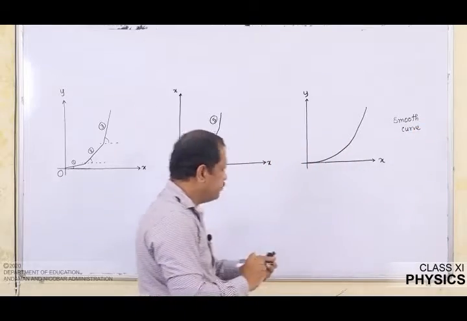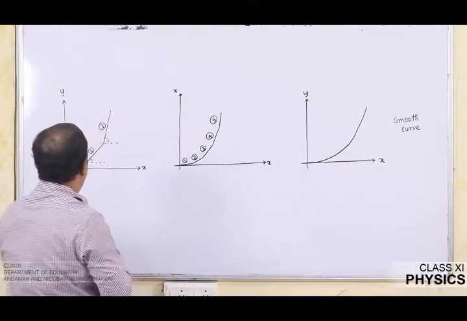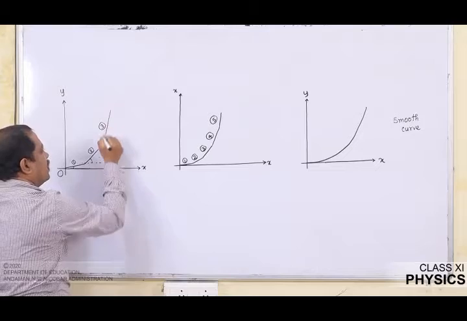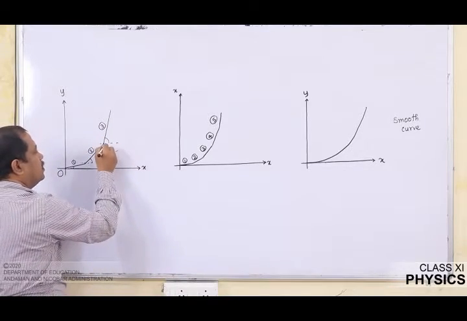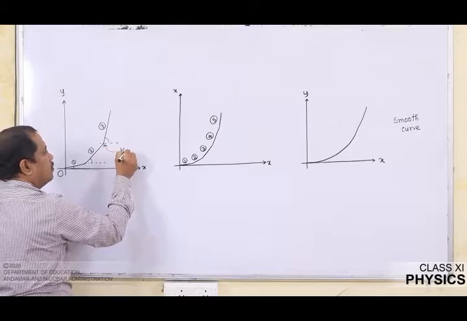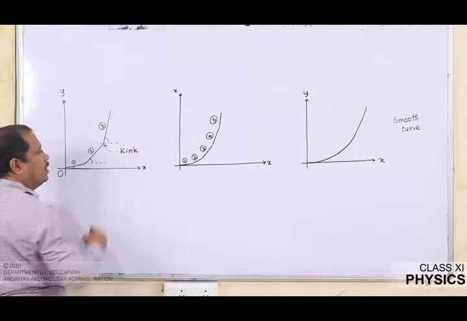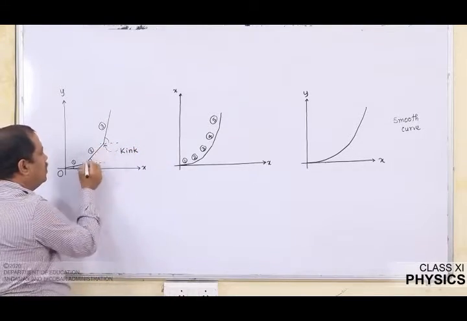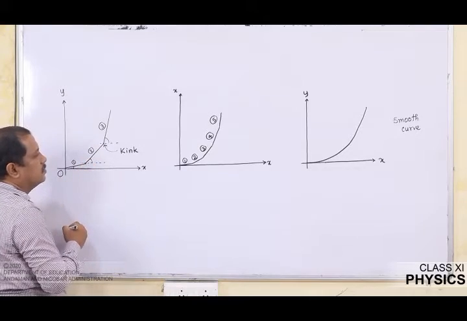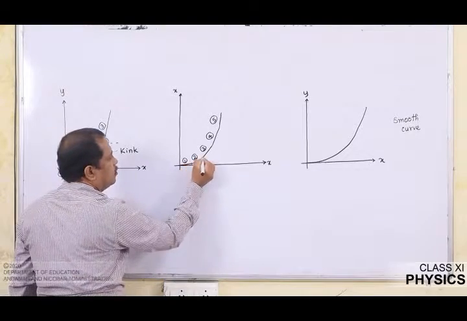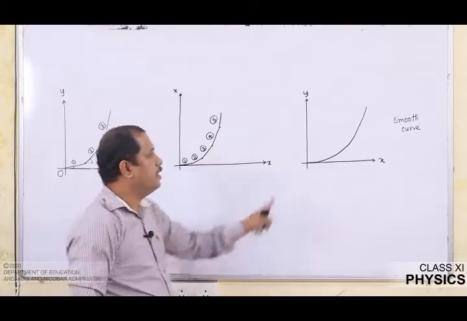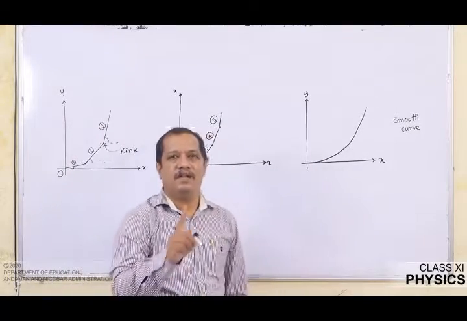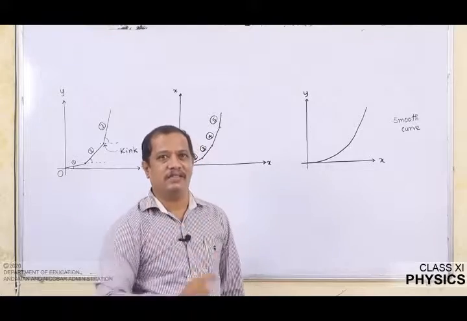In mathematics, when we have two lines like this, the point that joins the two lines is said to be a kink. Here we have one kink, here we have two kinks, and here we have 1, 2, 3, 4. However, in a smooth curve, we will never have any kinks.